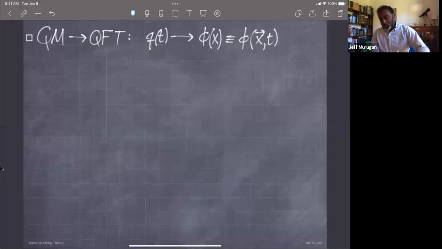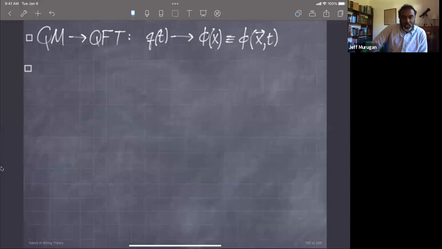Okay, so the moral of what I was trying to say is don't worry too much about the subtleties. They do all come out in the wash, and we're just going to proceed again with the naive thing, with the understanding that what we're trying to do here is build some tools to solve some physical problems.